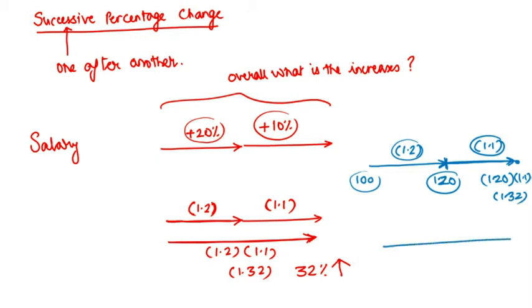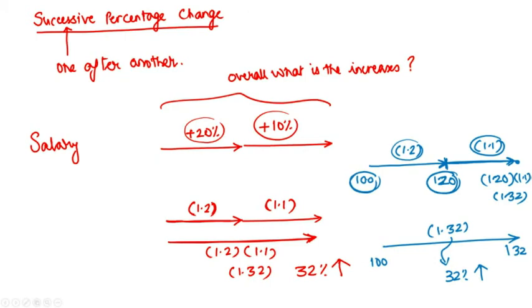So the overall change is 100 becoming 132, which is multiplying factor of 1.32, which is nothing but 32% increase. When I use the word successive, it means one after another. First 100 became 120, then 120 became 132. That is what successive means.